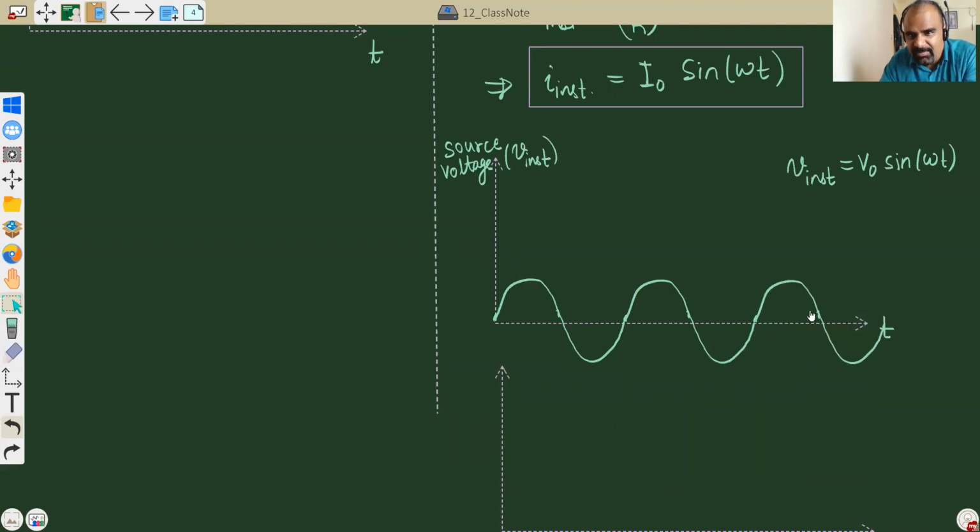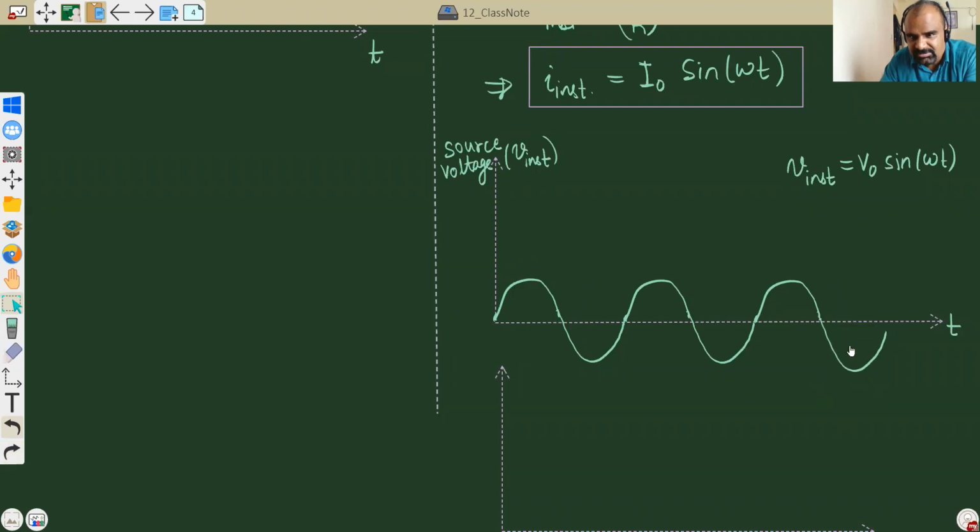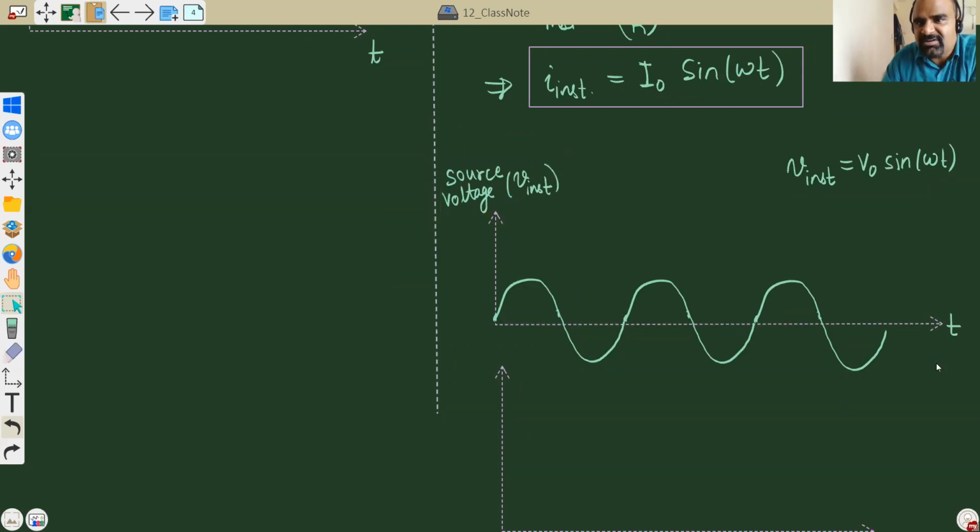This is what we call a periodic function in mathematical language. Fine. I am taking too much time here, but I want my diagram to look better. Okay, fine. So this is the source voltage versus time graph.